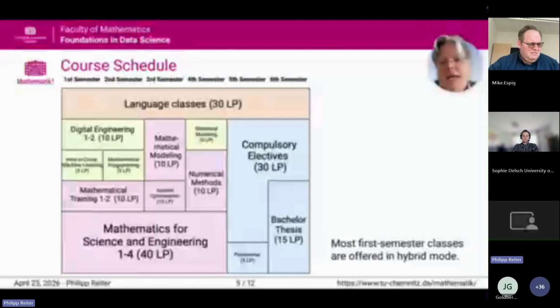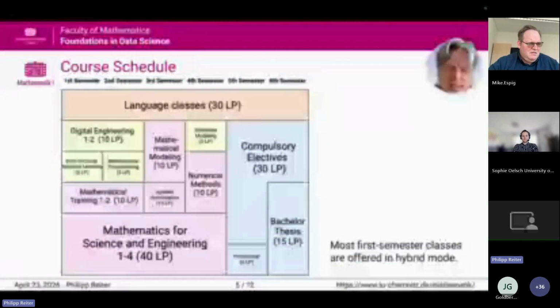Starting from the very first semester, you'll attend language classes and get at the end of the program a decent knowledge of German, which should enable you also to apply at the German job market.